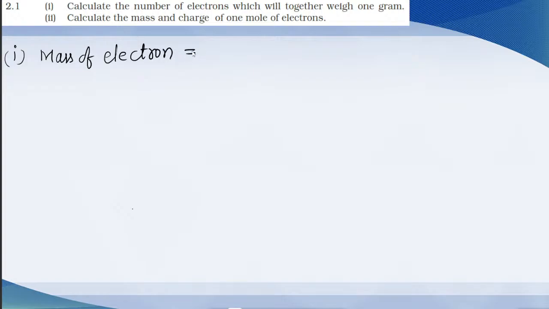It is 9.1 into 10 raised to power minus 31.